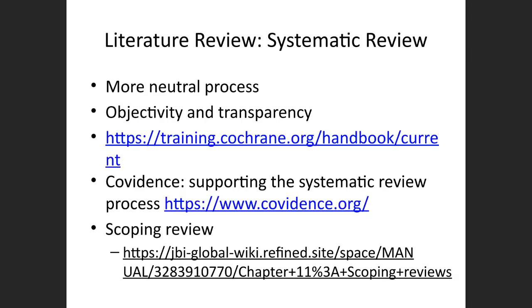For the systematic review, there are a couple of things. If any of you are interested in conducting a systematic review for your PhD thesis, or for writing a paper outside of your PhD work, there are a couple of guidelines here. The first one is called the Cochrane Handbook.